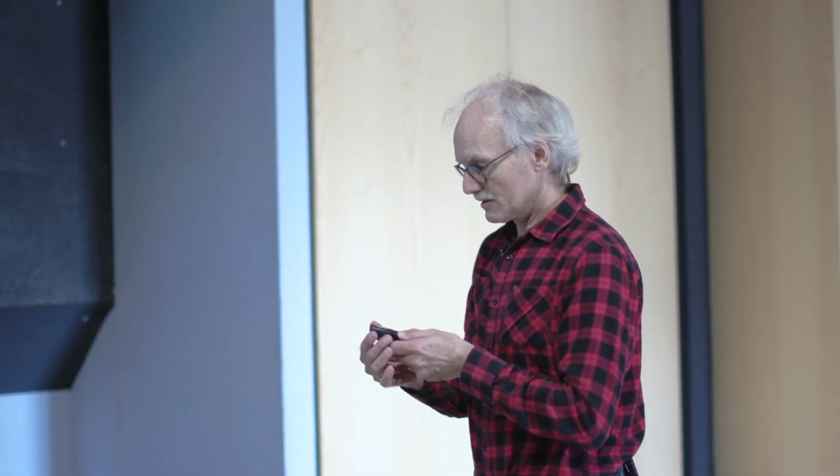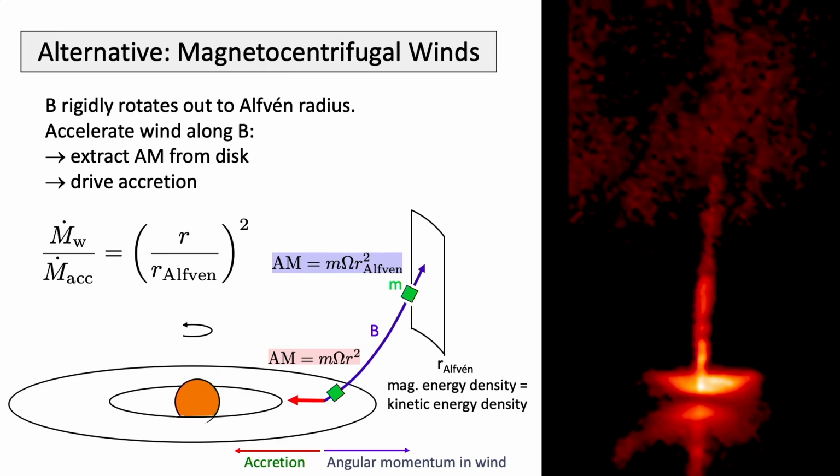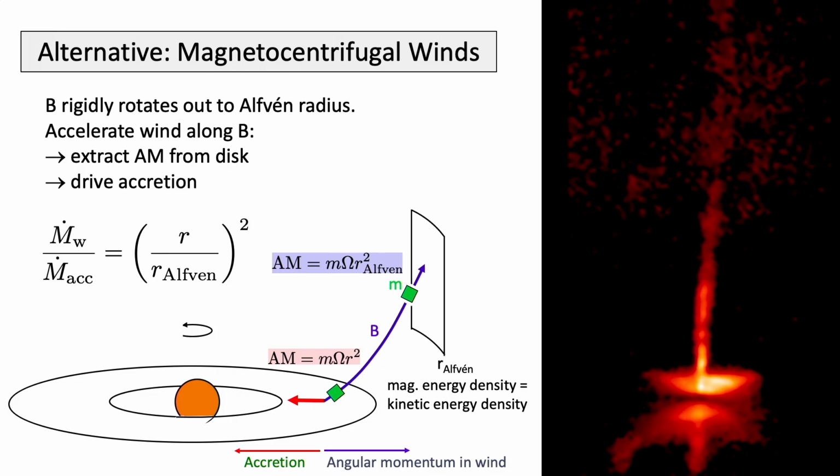So what happens, and this is easy to understand, the angular momentum the parcel had at the start is obviously, it's just the formula, mass times the angular velocity, omega, times r squared. Now, if this is rotating rigidly, as magnetic fields can do for a while, the omega is the same, the mass is of course the same, but by necessity, the angular momentum now is m omega r squared at this distance. I call it already Alfvén distance. Come back to that.